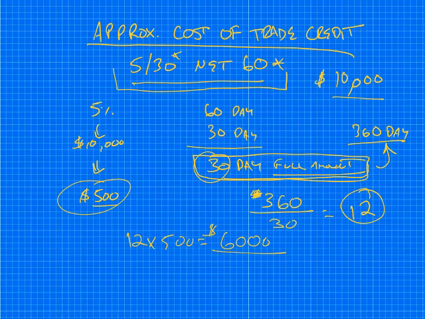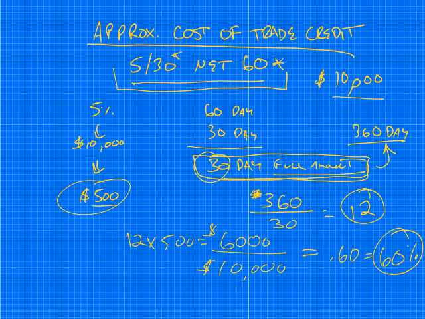Let me show you one more number here. What is the percentage of that? Well, we have $6,000, and our original cost of $10,000. Run the math real quick. That's going to be 0.60, or as you all know now, 60%.